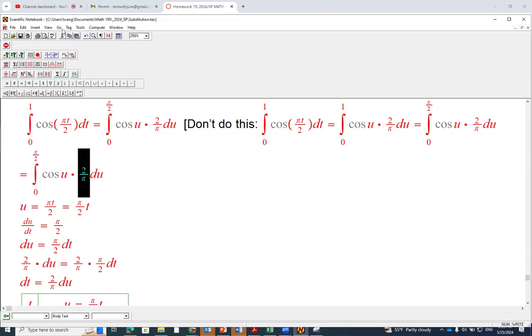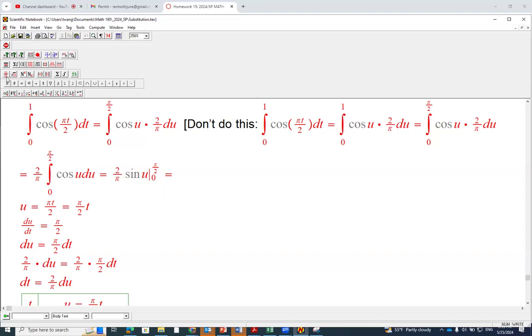2 over pi is a constant, so I can move it out. Cosine u du. The next step is you keep everything unchanged, and the antiderivative of cosine u is sine u. And evaluate at 0 and evaluate at pi over 2. Almost finished.